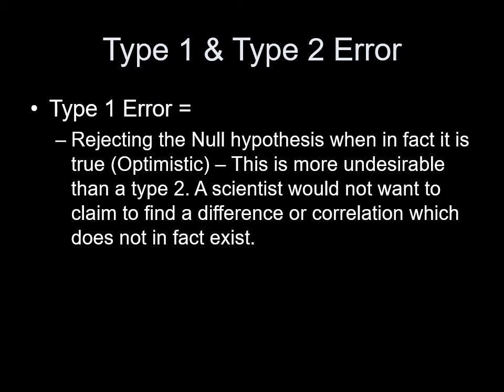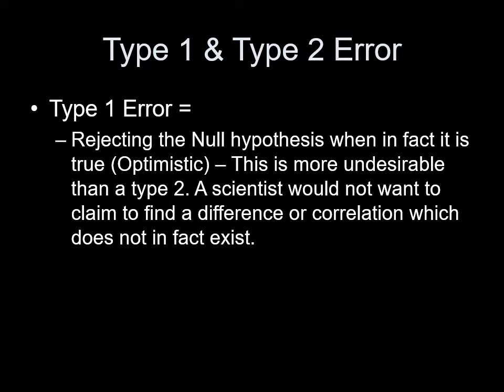Type 1 errors are where you reject the null hypothesis when in fact it's true. So it's an optimistic error. Now this is bad news if you make one of these. What you're doing is saying, I think there is something quite significant and meaningful happening here, when in reality there isn't.